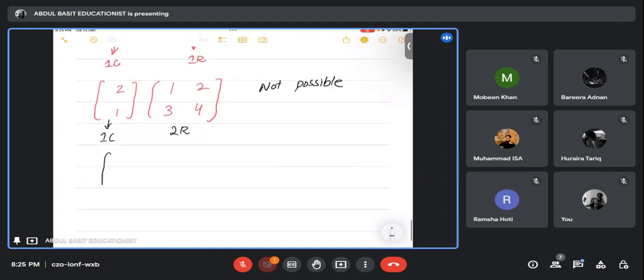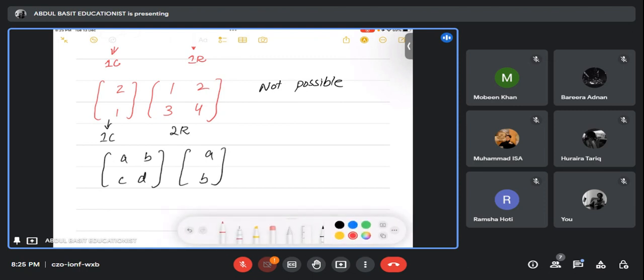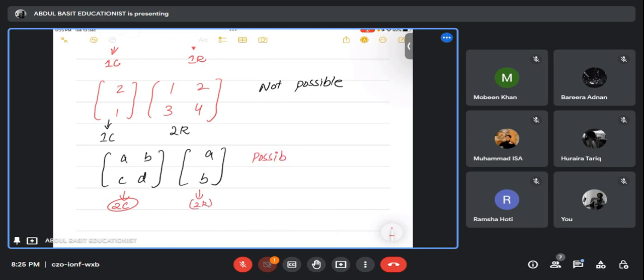For example, if I'm writing A, B, C, D, and this is A and B, I have two columns in this first matrix and two rows in this matrix, so multiplication is possible.